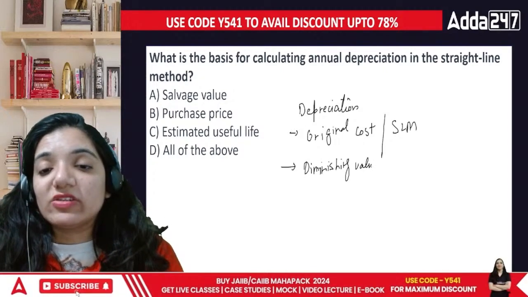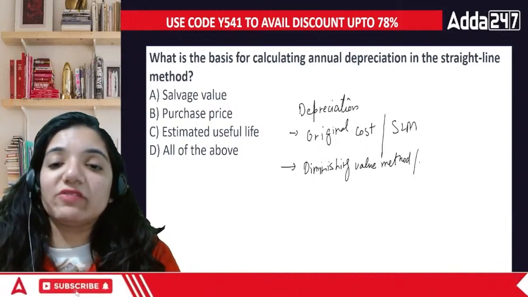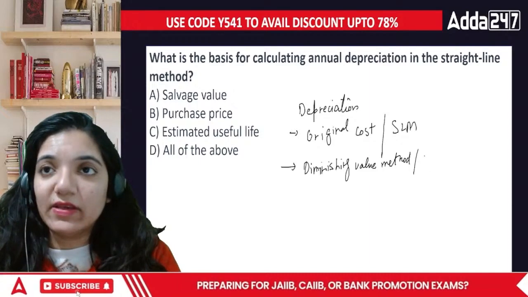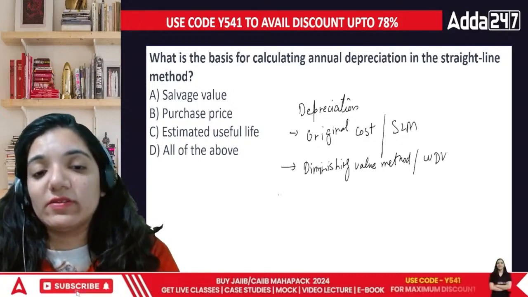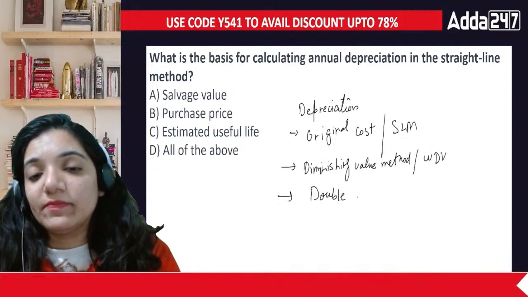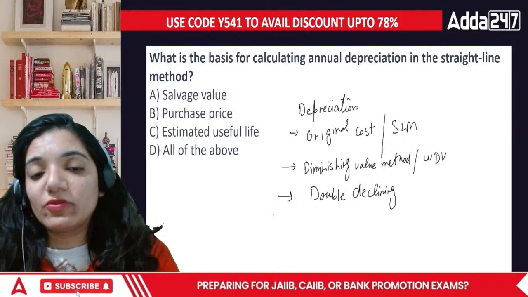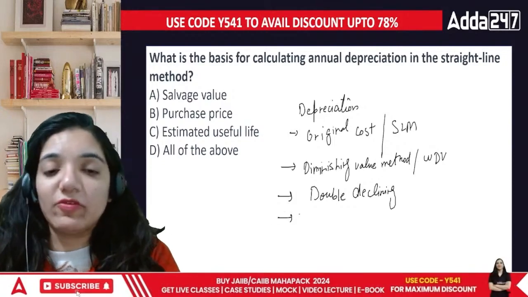There are other names as well, but these are the most common ones: diminishing value method and WDV, written down value method. Then the third one is double declining. Then the fourth one covered in the book is sum of digits.